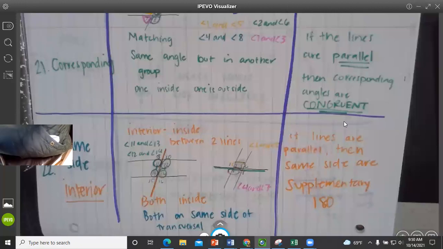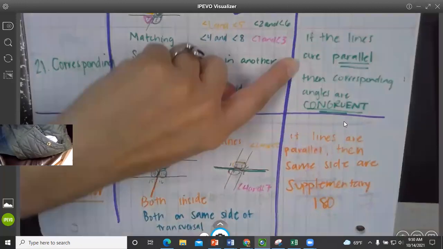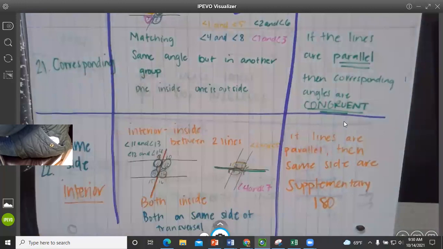Yeah, this green one. If the lines are parallel, then they're congruent.